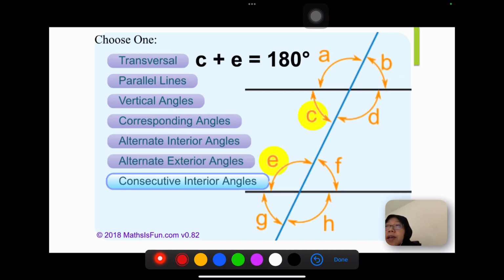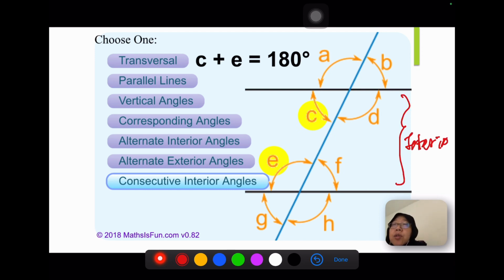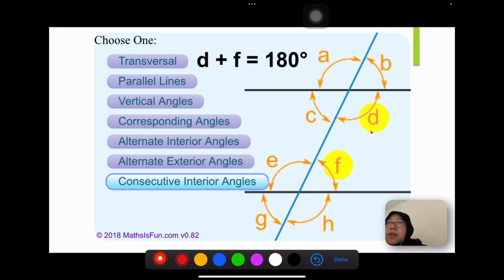Consecutive interior angles. So we look at the interior, this part. They are not saying that it's corresponding or alternate, so that means they will have to be side by side, here and here. That means C plus E will give you 180 degrees, and D plus F will give you 180 degrees as well.